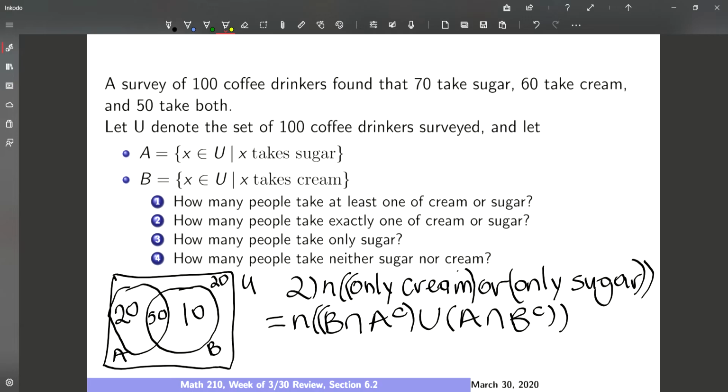These are things in B and not in A, so only in B. That means things out here, right? Next, what are things in A and not B? Those are the ones that are out here.